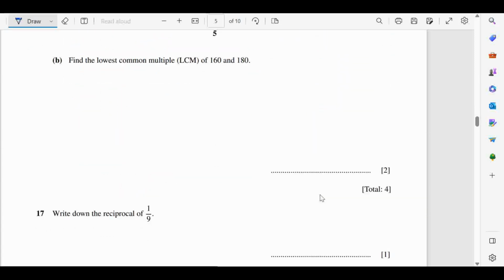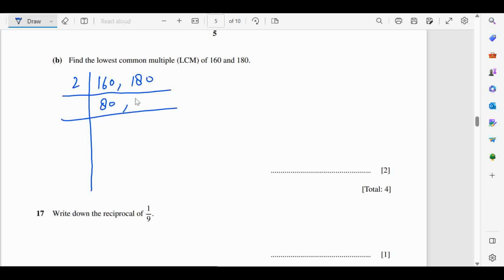Let's move to the next one, part B. Find the lowest common multiple of these. So we need to take the LCM again for 160 and 180. We can write it as 2 into 80, 2 into 80 equals 160, 180. Then 90, and here again 2, 40 and 45.